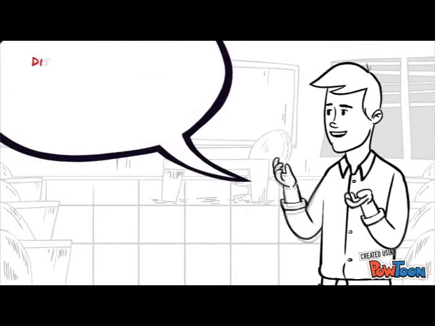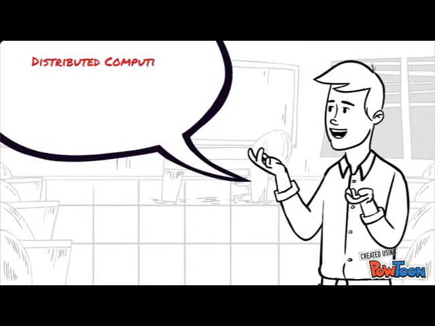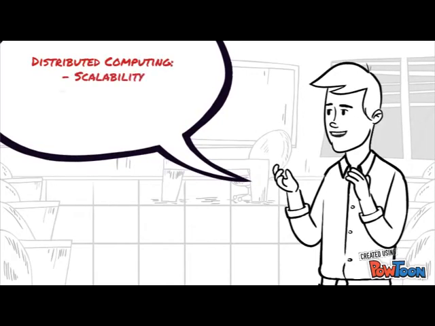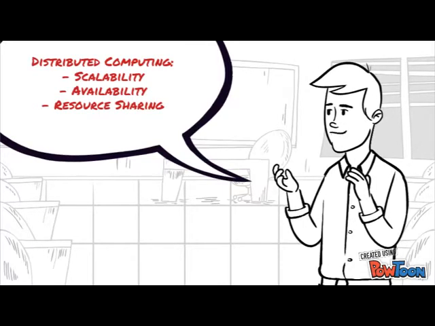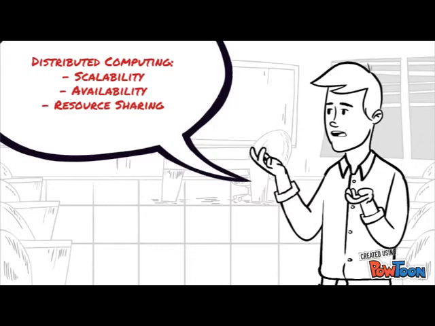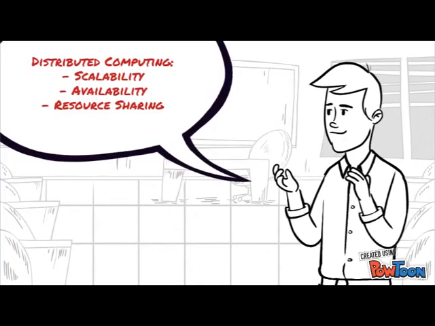These challenges can be overcome by using distributed computing because it is scalable and it also ensures availability by having multiple machines. The multiple user access problem is also overcome by the resource sharing capability of distributed computing.